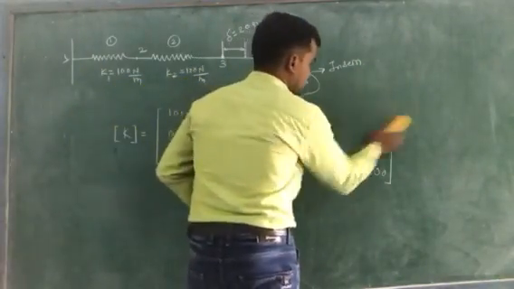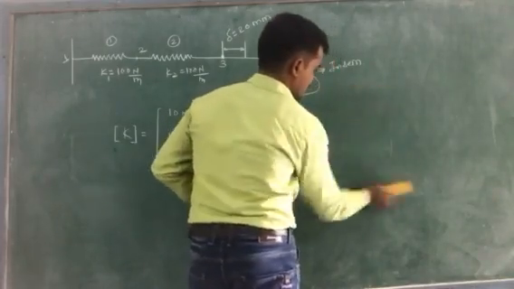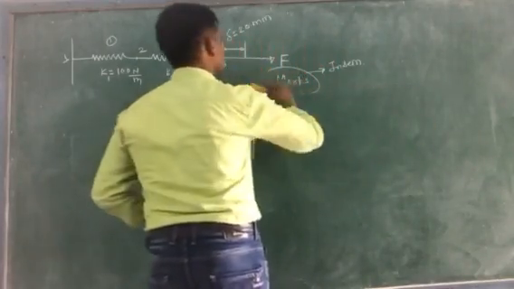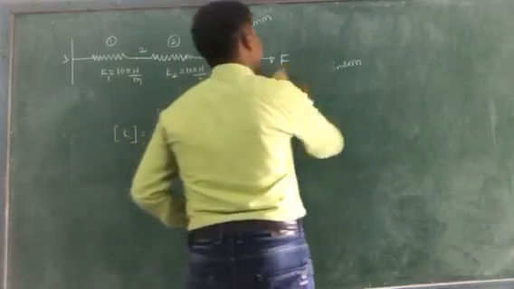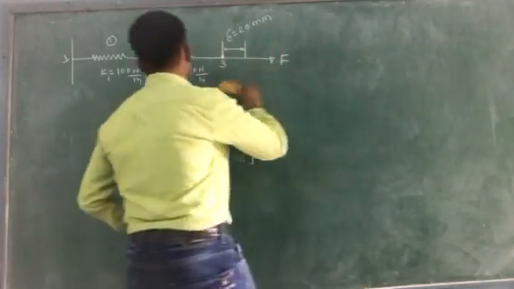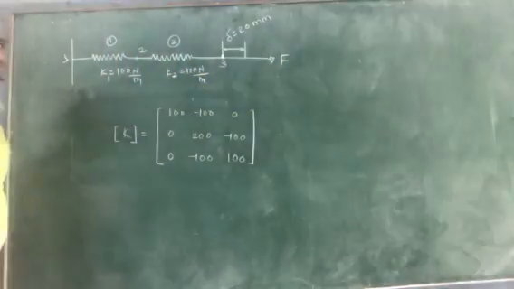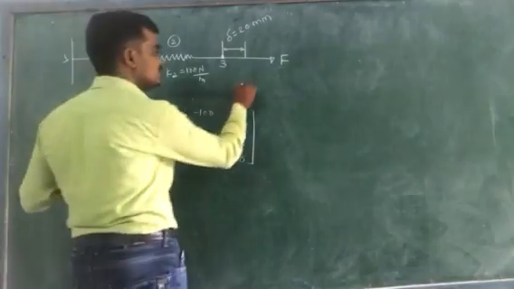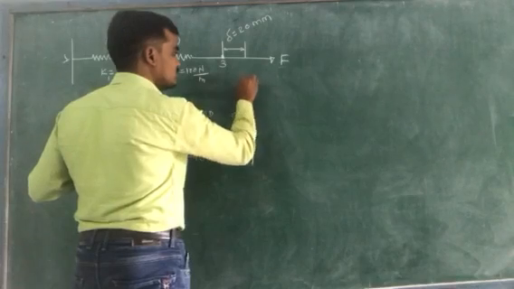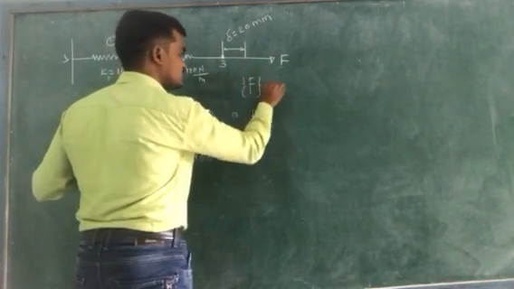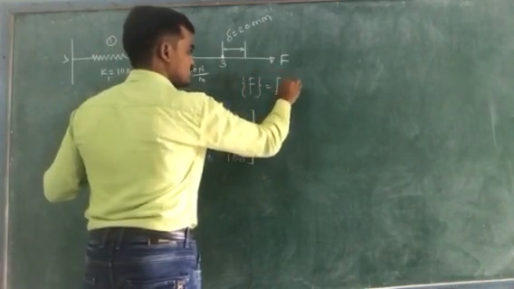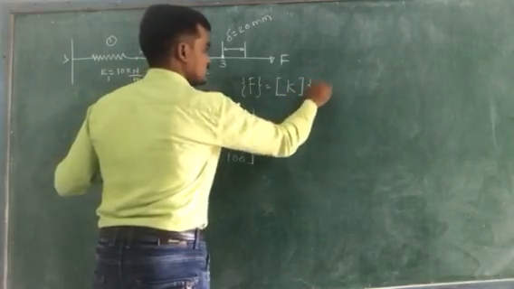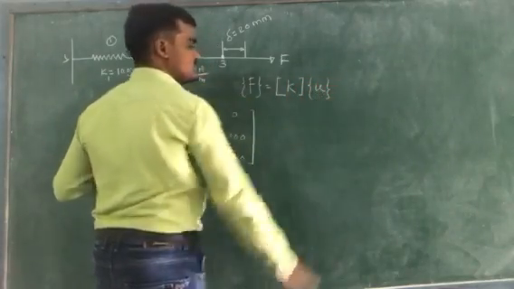Now next step is what? Write down the force and displacement relationship. How is the force and displacement relationship written? By using this formula: force vector is equal to global stiffness matrix K times nodal displacement vector.